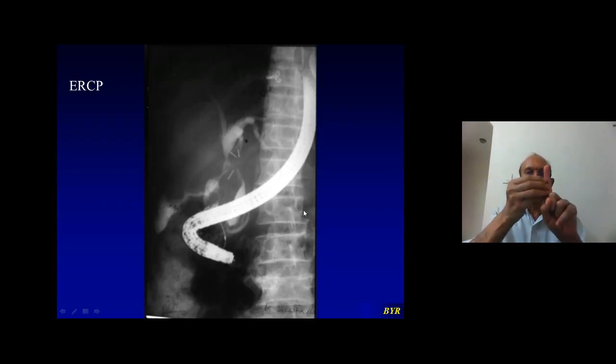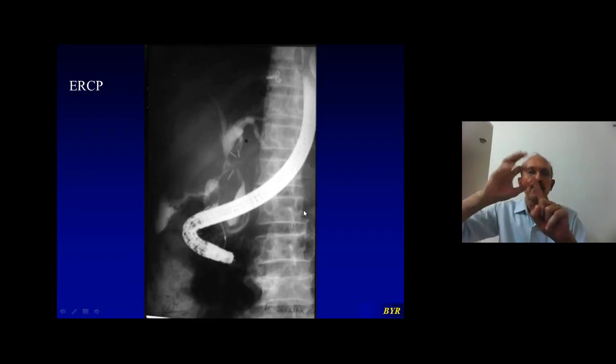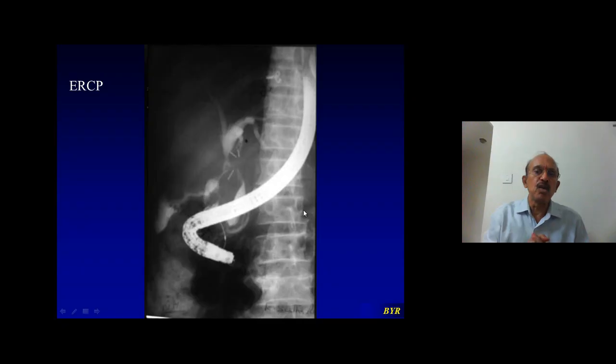If a small linear tear is there, you can go with a T-tube. But if there is a circumferential tear, it is not ideal to go with a T-tube. Better to go for hepatojejunostomy, or you have to keep a stent. The stent should be kept for about 6 months to 1 year. If a small linear tear is there and you remove the T-tube, only that linear part gets healed. If it is not circumferential, there will not be any stricture.